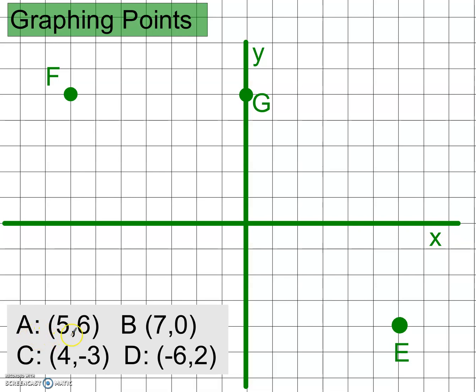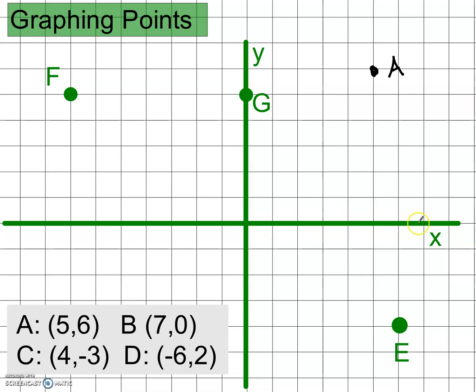So I'm going to put point A at (5, 6). Again, the first number tells you how far to go left and right. Second number tells you how far to go up or down. So we'll go 2, 4, 6, 8 up. I'm going to label that point A. Point B says (7, 0). Well, the 7, that's easy. It just goes 7 this way.